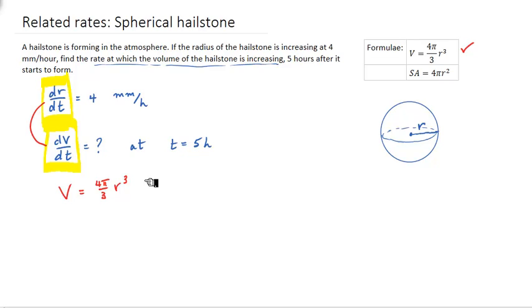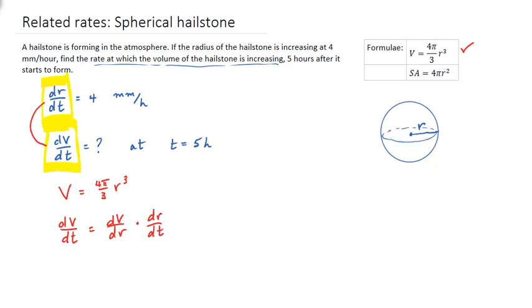So there's our relationship between V and R, which we will exploit so as to find a relationship between dV by dt and dr by dt. Again, we'll use the chain rule using Leibniz notation to do this. So dV by dt will be equal to dV by dr times dr by dt.